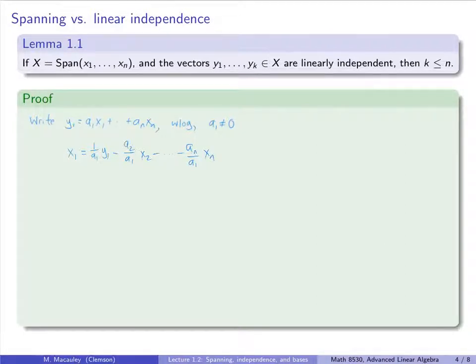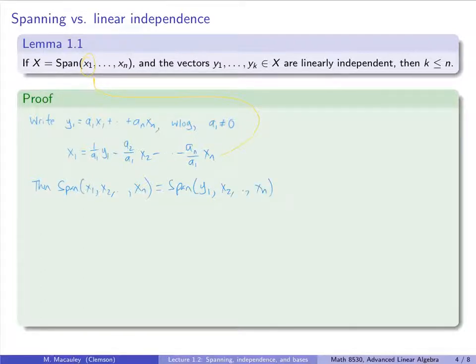So we can basically solve for x1 in terms of y1, and then we can eliminate it because we can stick it right in here for x1 and say that the span of x1, x2, all the way up to xn is equal to the span of y1, x2, all the way up to xn.